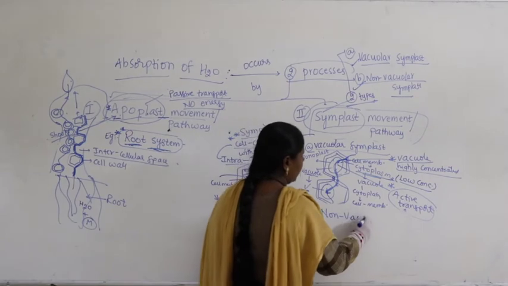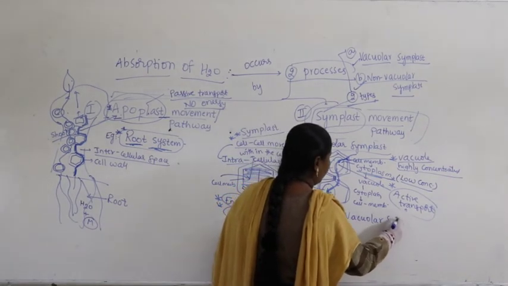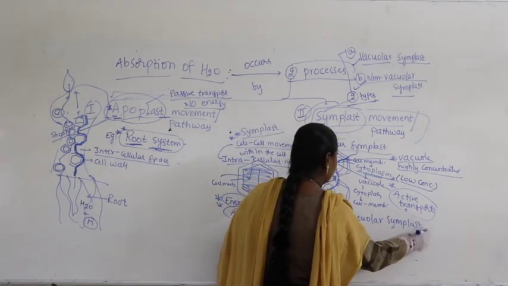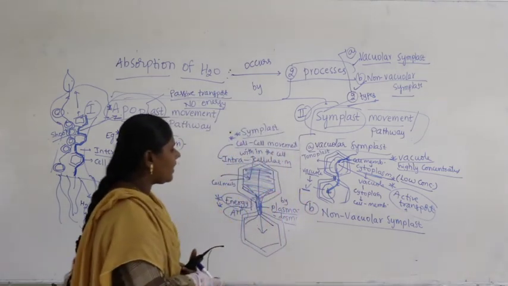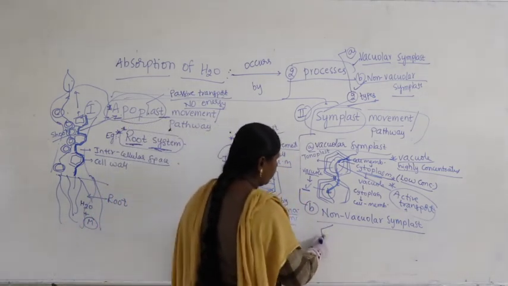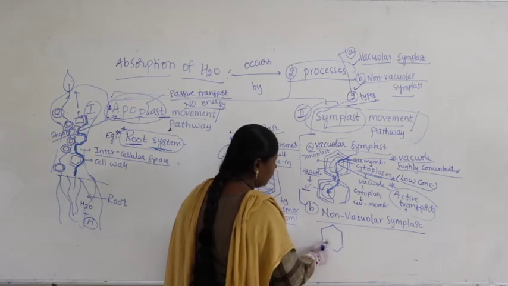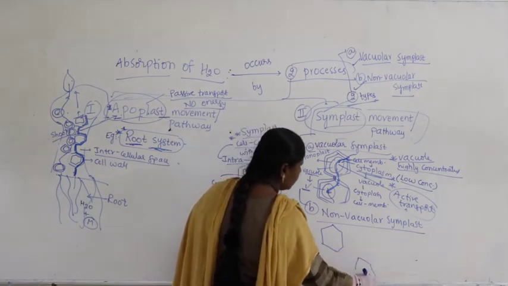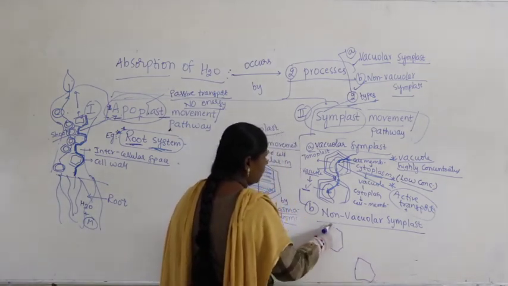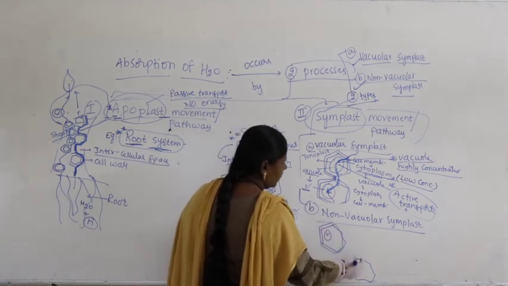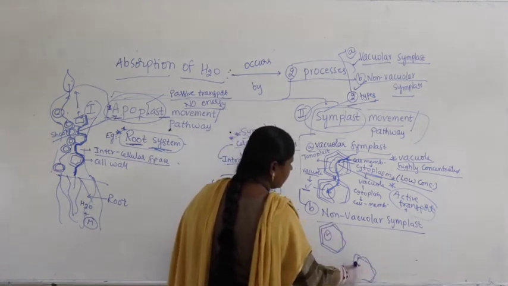Vacuolar symplast, non-vacuolar symplast. Non-vacuolar symplast means here is one plant cell, here is another plant cell, and here is a vacuole in each, let us take.